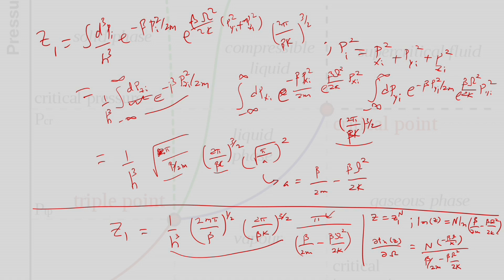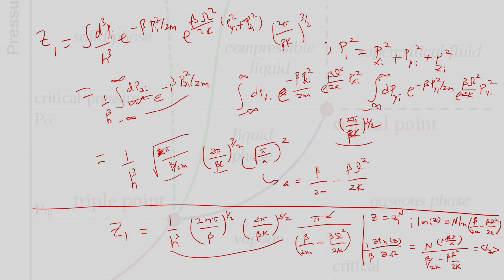Then I put a minus sign and a 1 by beta. So then I get rid of this. So this is my average of Lz. It is going to be proportional to omega for small omega. So if the gas is not rotating, then the average angular momentum is 0. If it is rotating, for small omega, it is proportional to omega.